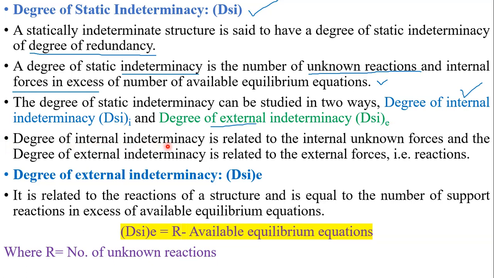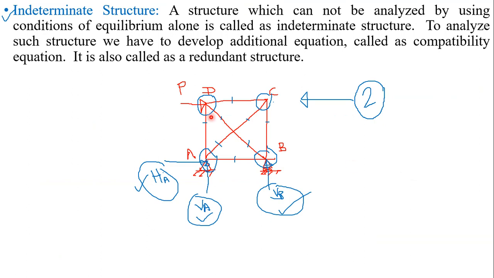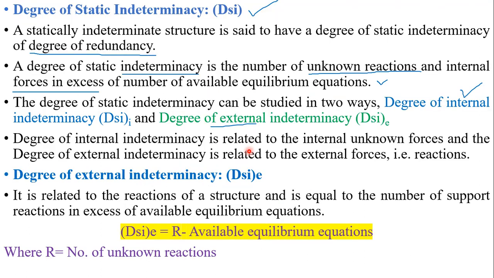Degree of internal indeterminacy is related to internal unknown forces, means these internal forces, while the degree of external indeterminacy is related to external forces, that is reactions.